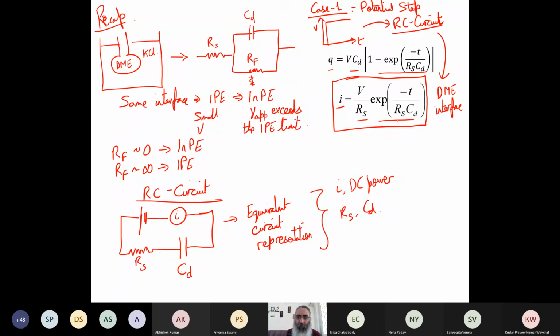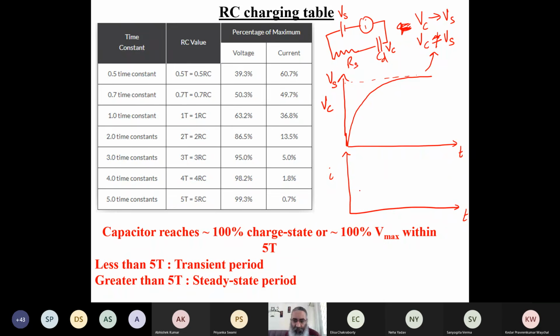So the maximum value that this can take is I equal to V by Rs, and that beautifully boils down to Ohm's law, V equal to IR. Okay, so the maximum value that the current can take starting from zero current is given by V over Rs.